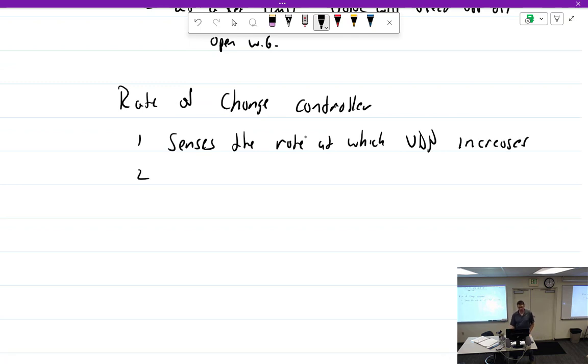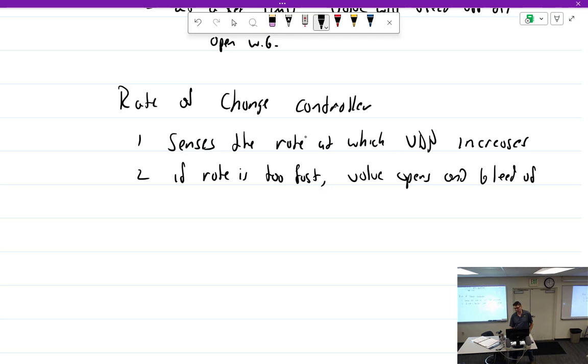If rate is too fast, valve opens and bleeds off oil, which causes wastegate to open and slows the turbo.